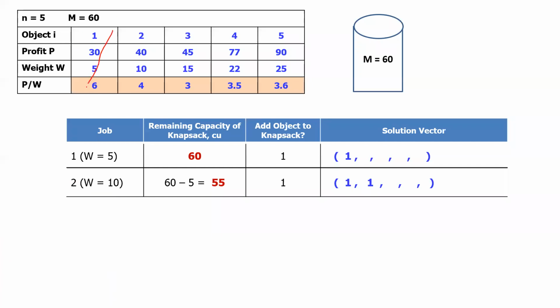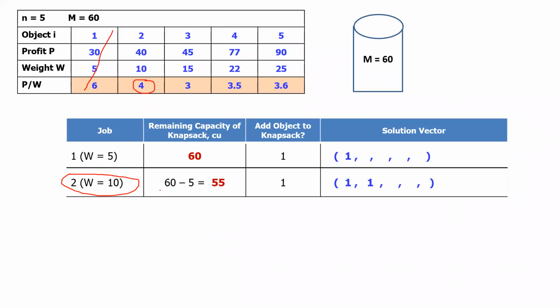Now you have remaining objects: 2, 3, 4, 5. Which one should I choose? I'll have to make a greedy choice. Among the available 4 objects, I'll choose the object with the maximum P by W value. So I have chosen object number 2, and its weight is 10 kilos.